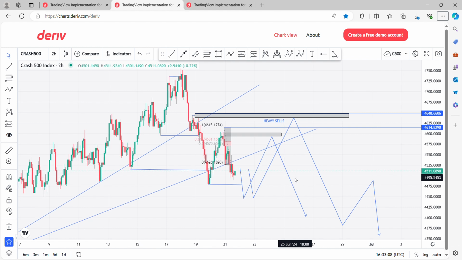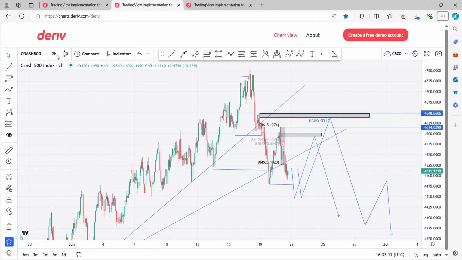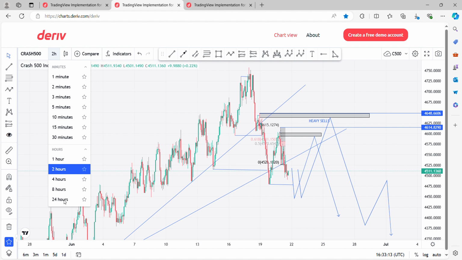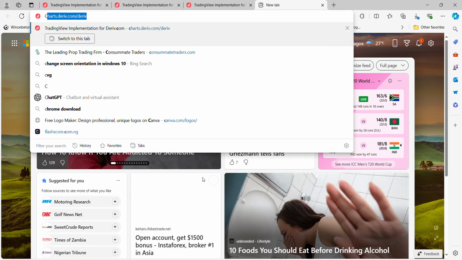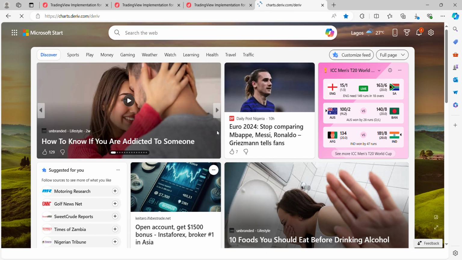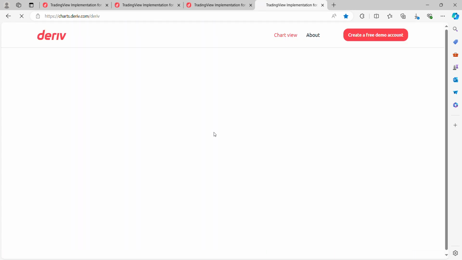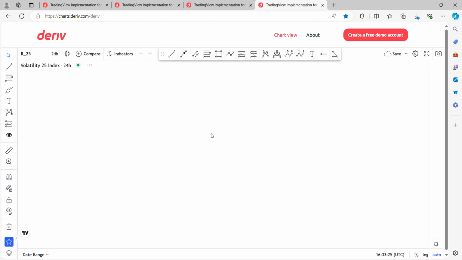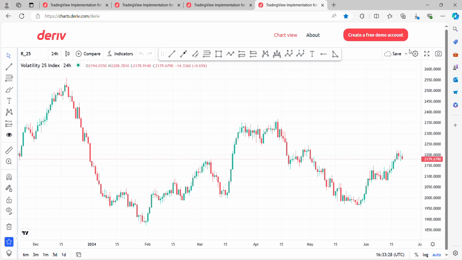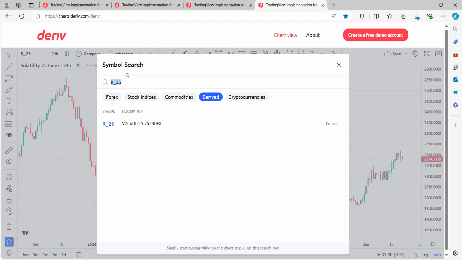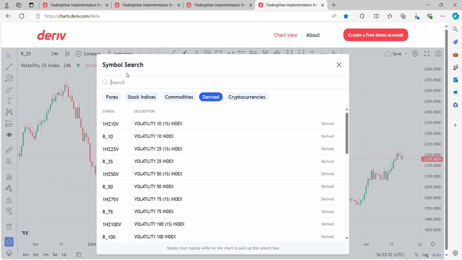So firstly, on S&P 500, going to the daily time frame, you see that S&P 500 has been selling for a very long time, a very long time.